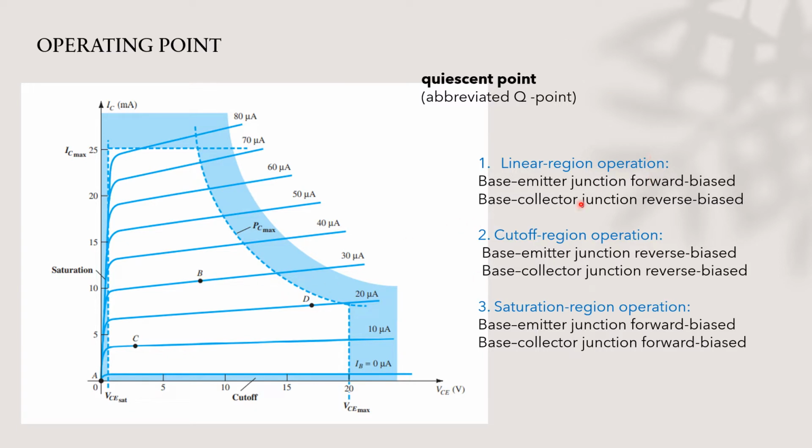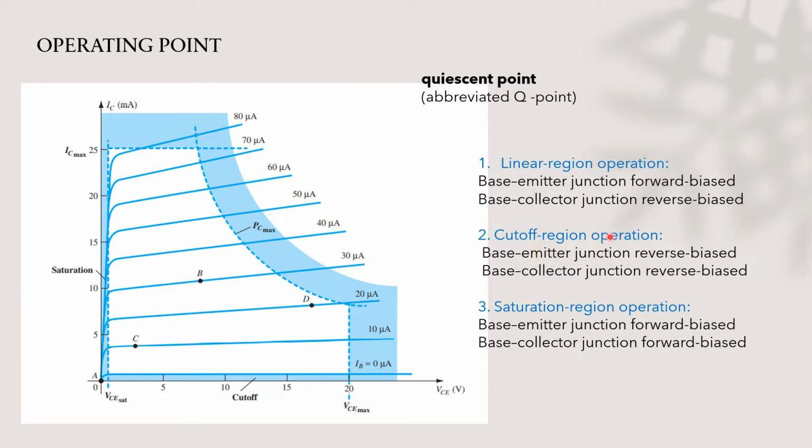Then you also have these operations that you need to understand. The linear region operation is where the base emitter junction is forward biased and the base collector junction is reverse biased.